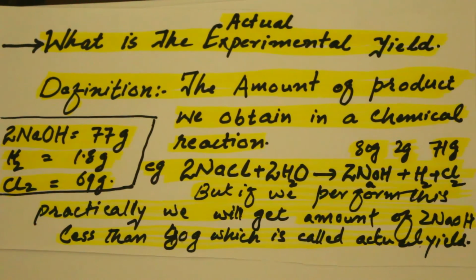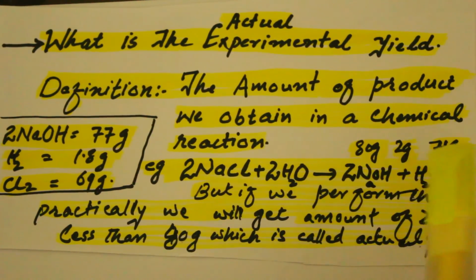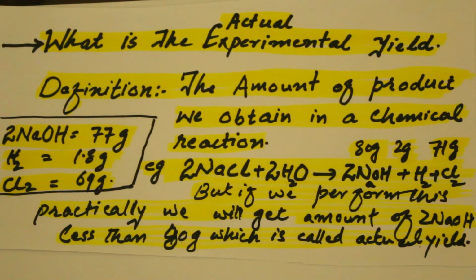But this is again just a theoretical or verbal representation of this reaction, and these are called the theoretical yields of this reaction. But what about the situation in which we perform this reaction in the laboratory?